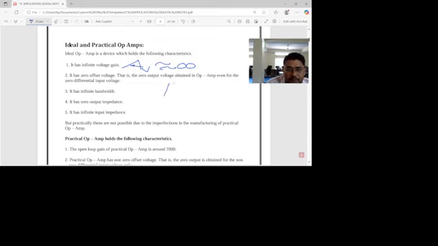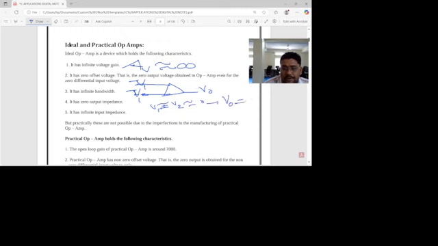If we apply two inputs, V1 and V2, to the op-amp, and V1 is approximately equal to V2, approximately equal to 0, then the output must be 0.